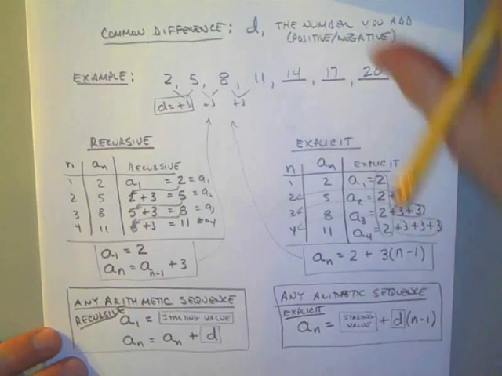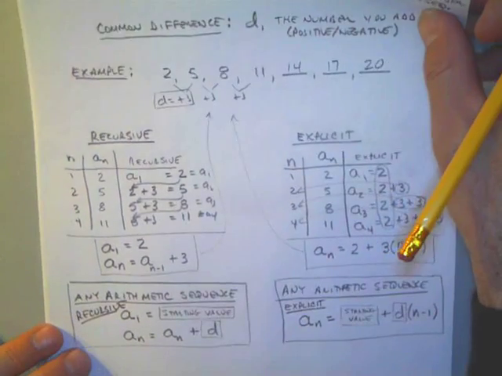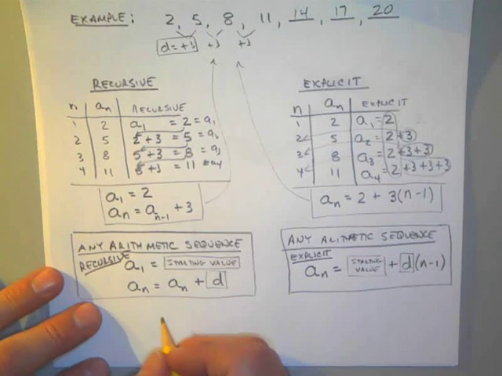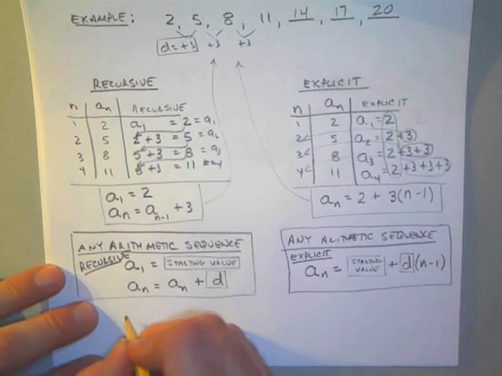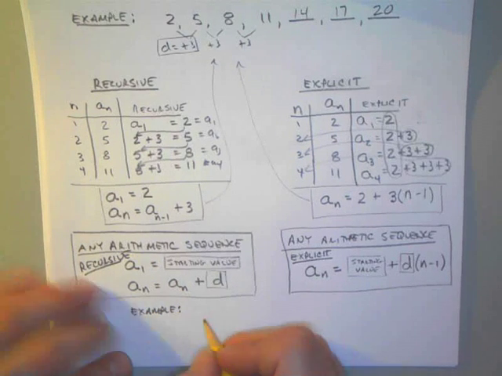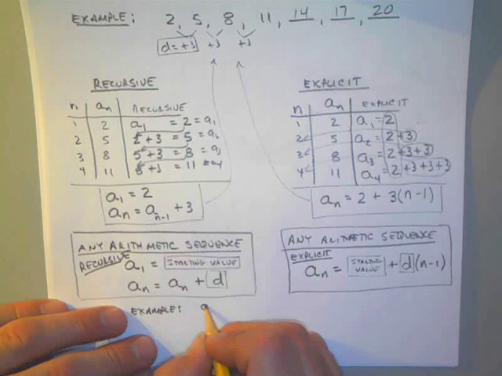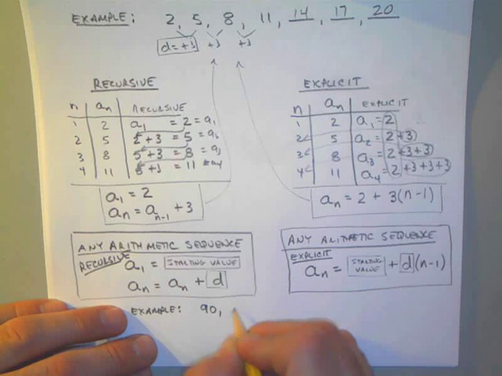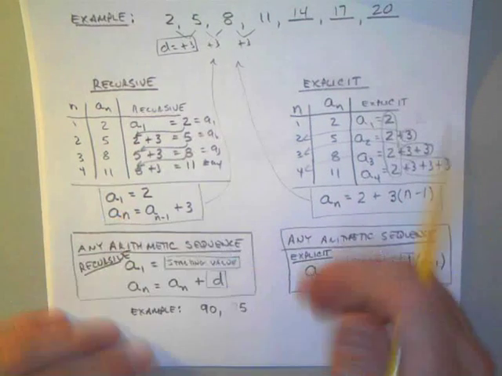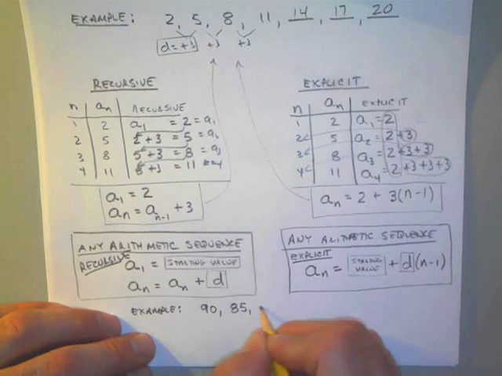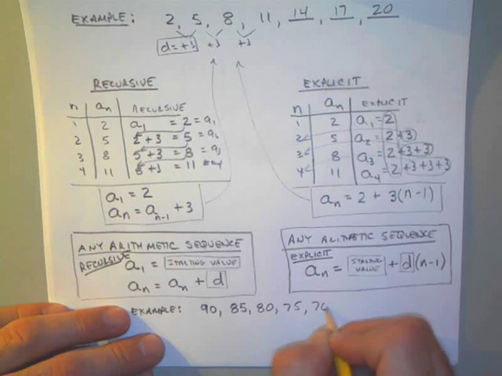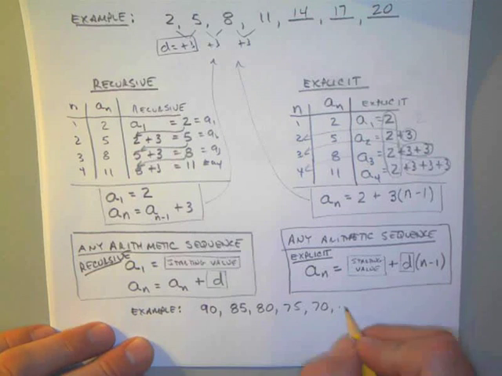Let's do one quick example. Let's say that our arithmetic sequence is 90, then 85, then 80, then 75, then 70, and so forth.